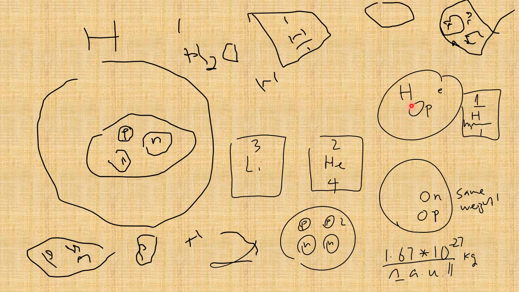You have a core that has protons and neutrons. The number of protons is tied to the name of the element. If you have a core with only 1 proton, that's element number 1, hydrogen.